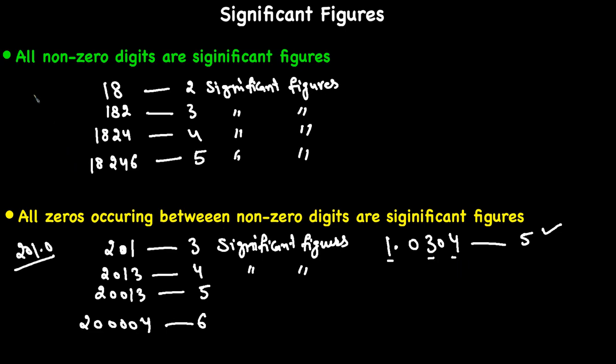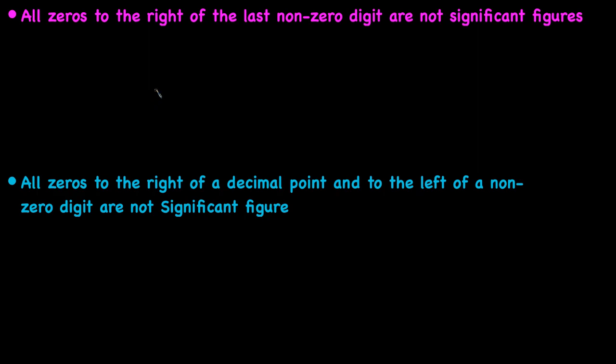All right, so let's go to the next rule, which says all zeros to the right of the last non-zero digit are not significant figures. For example, 10. So 0 is after a non-zero digit, which is the last here.